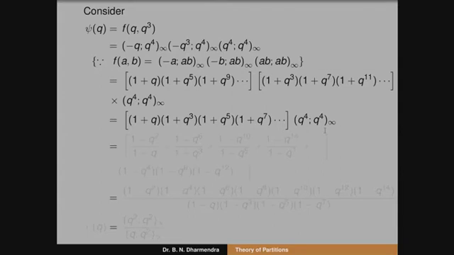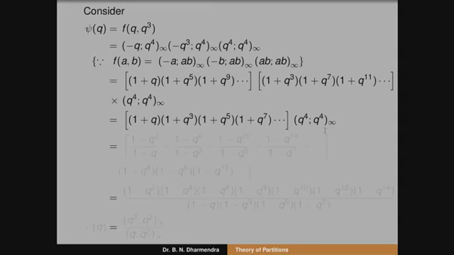Now, again by using the same concept as the previous one, 1 plus q can be written as 1 minus q square divided by 1 minus q, based on a square minus b square being equal to a minus b into a plus b. Therefore, a plus b can be written as a square minus b square divided by a minus b.